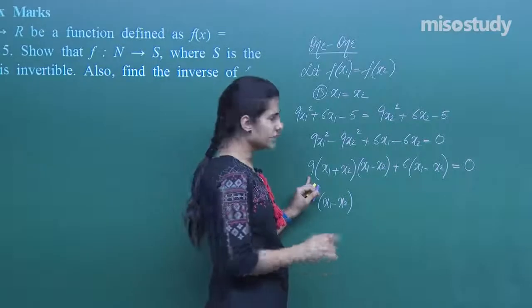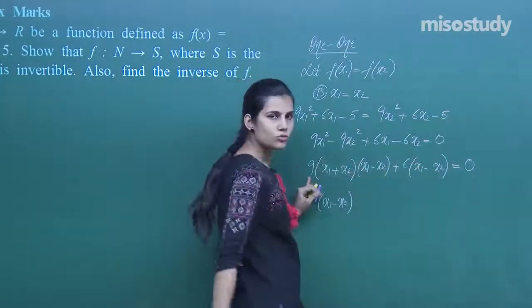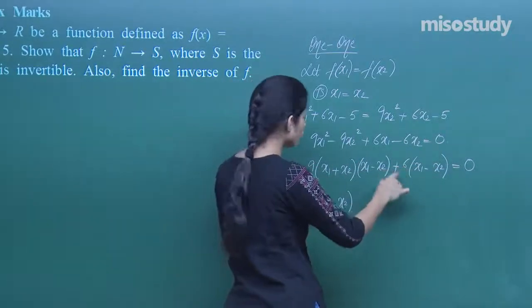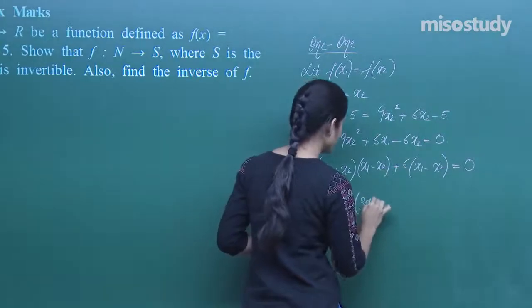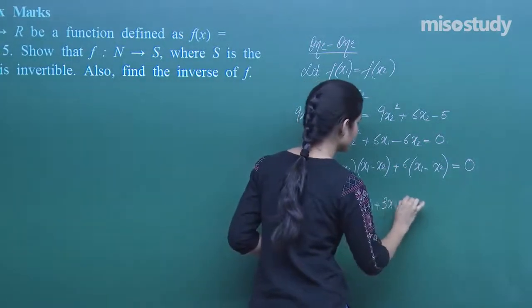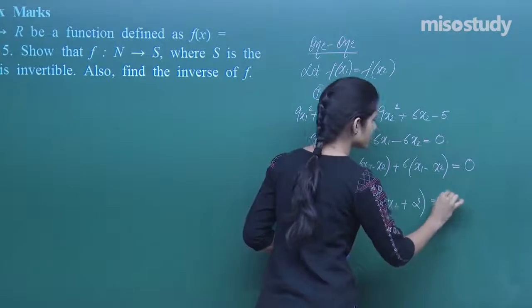You can just take out 3 common. You're left with 3 over here and 2 over here. So you will have 3x1 plus 3x2 plus 2 equals 0.